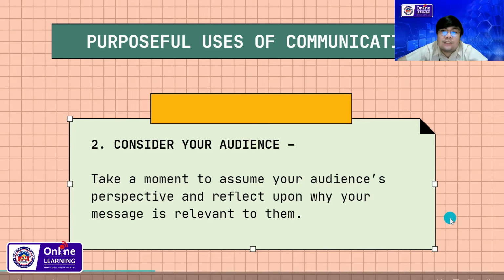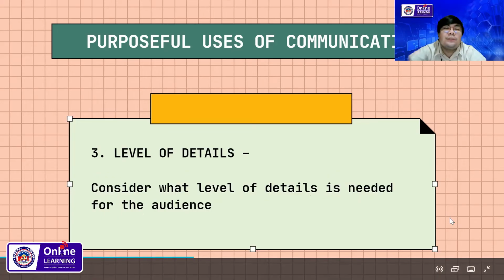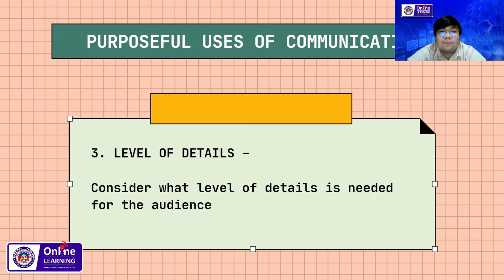Okay. Next, we have the level of details. So when we say level of details, consider what level of details is needed for the audience. So meaning to say, it has something to do with the level of their knowledge. Right? Is your audience more of a higher level? Is your audience more of a lower level?